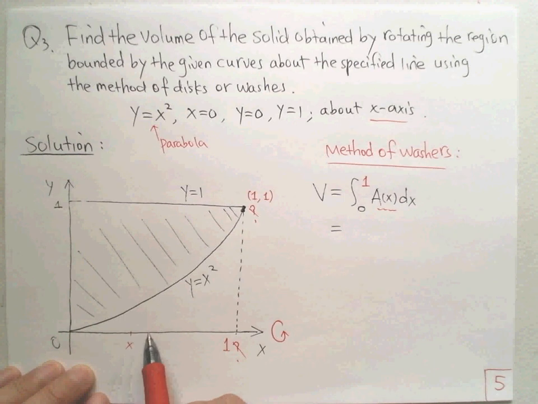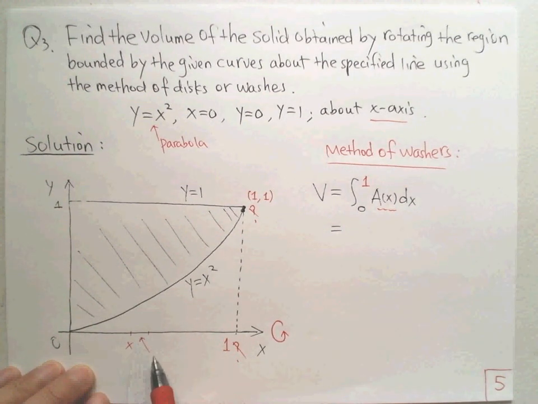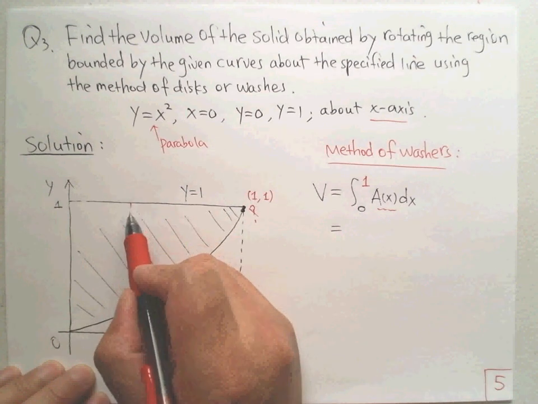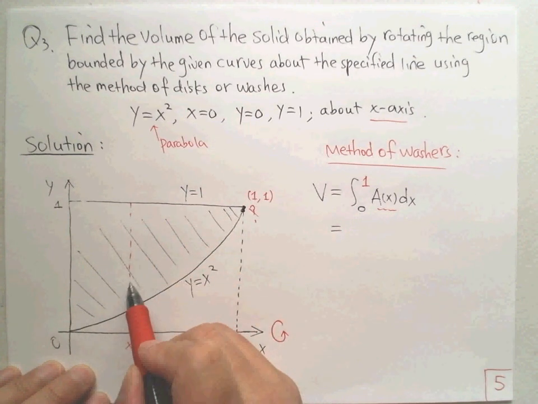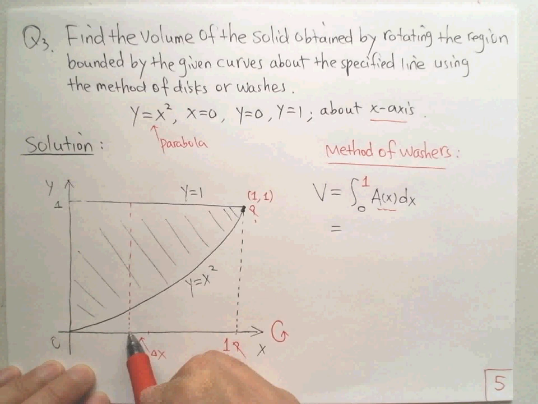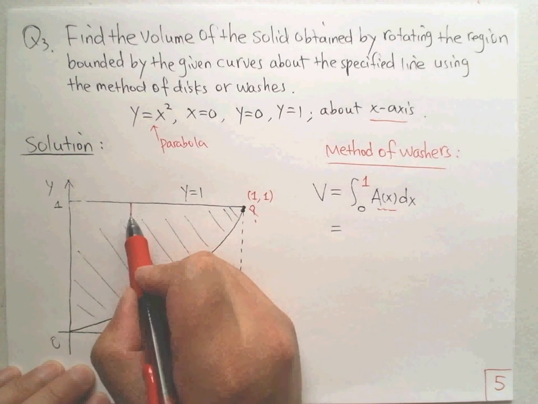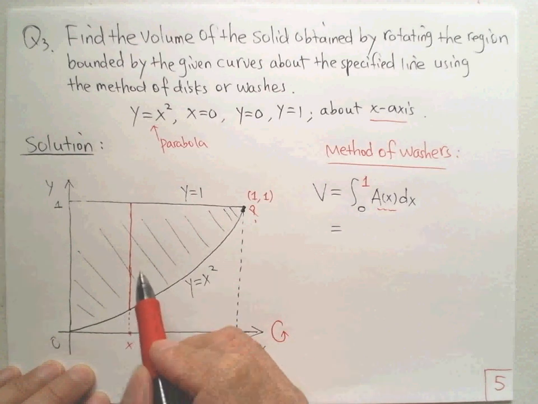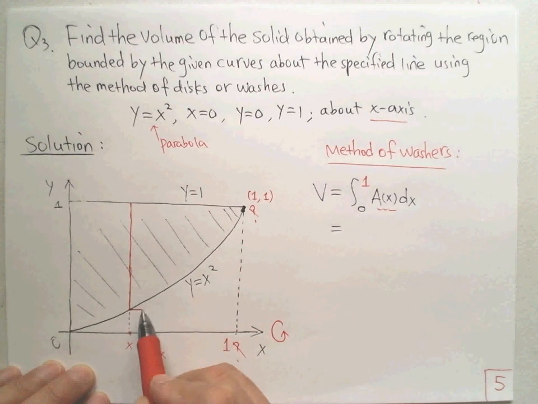It is a washer, right? Whatever, I put this as x. I put the x here, and the distance is delta x. Okay, so we will have this.